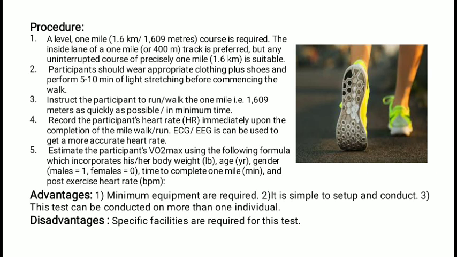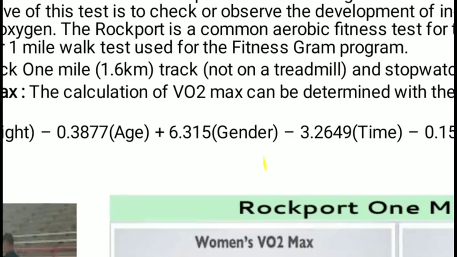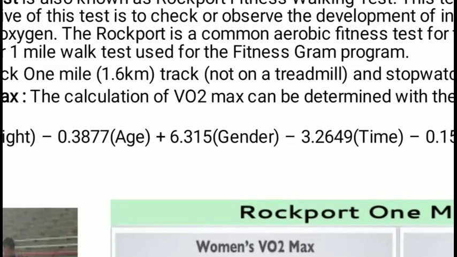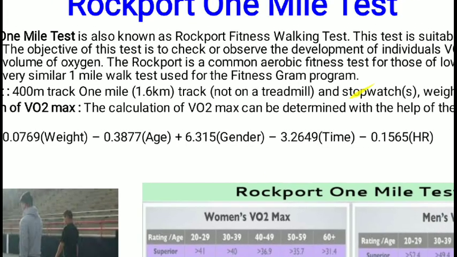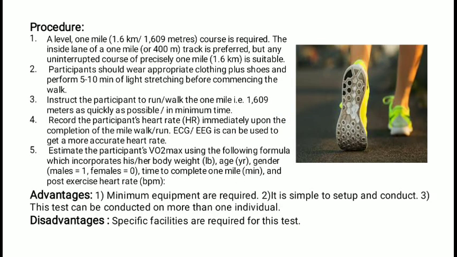If you are male, then it is equal to 1, and if you are female, then you need to put a 0, as given in the formula: plus 6.315 times gender. The time to complete 1 mile is in minutes, and the post exercise heart rate is considered in beats per minute, BPM.